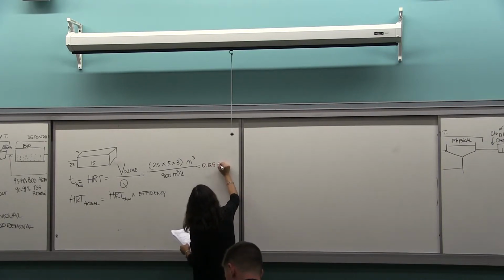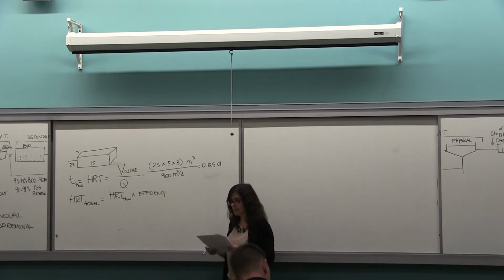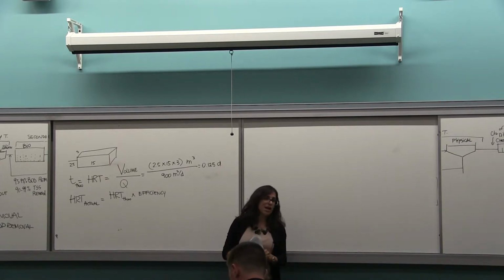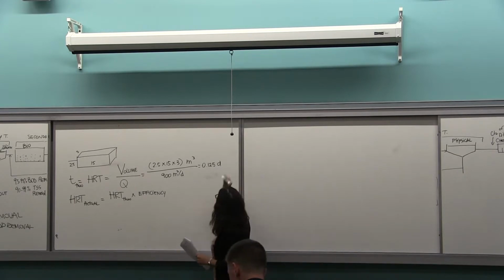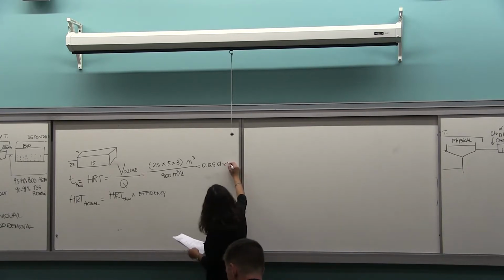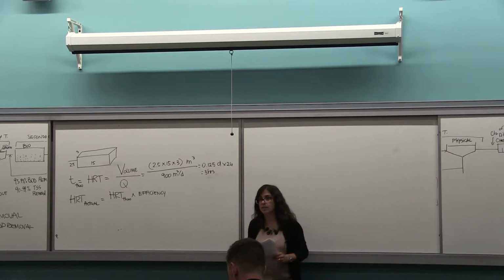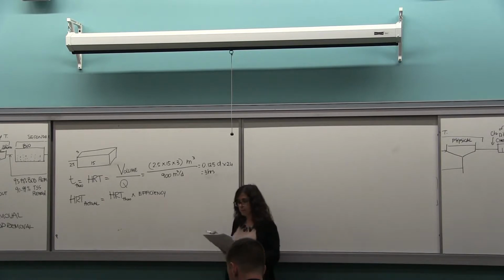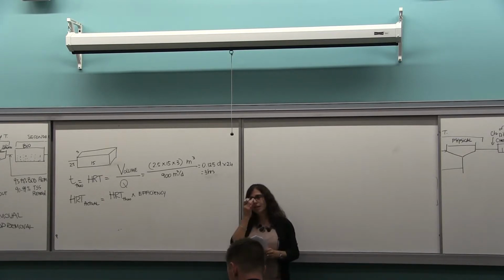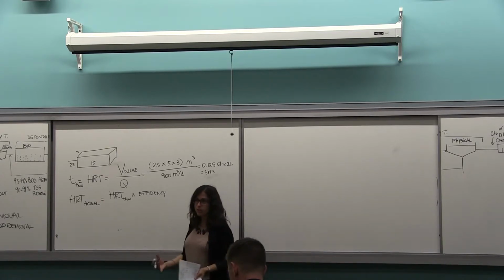So that's 0.125 days. The answer is given in hour, right? So times 24, that's 3 hours, the theoretical residence time, which is one of the options, but it's not the actual residence time.